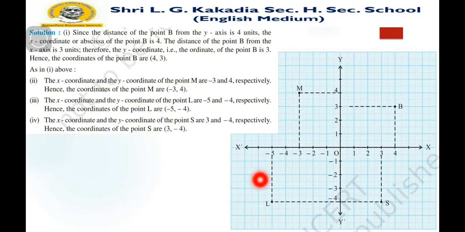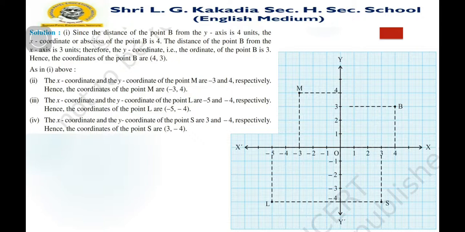About point L, the distance from the y-axis on the x-axis is -5, so its x coordinate is -5. The distance from the x-axis on the y-axis of L is -4.